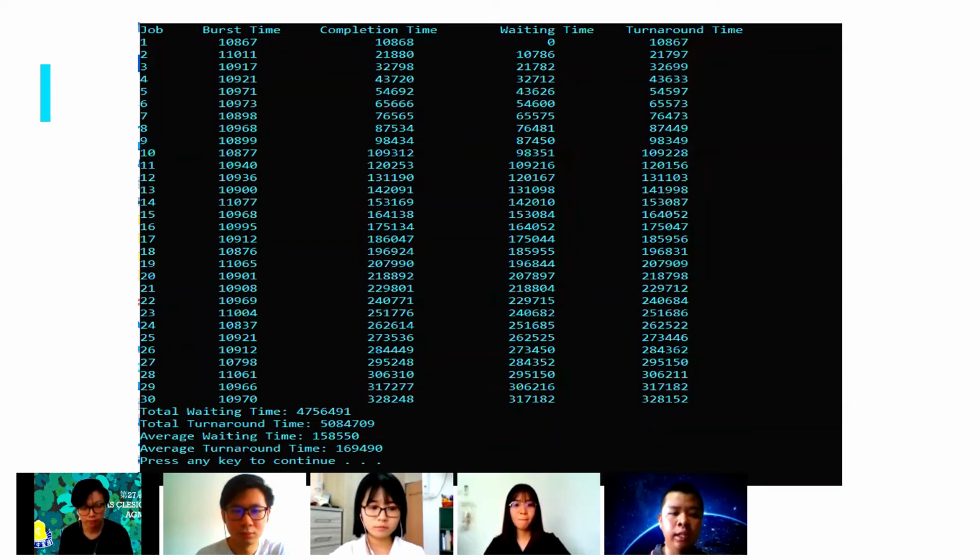Based on the coding that we have done, it is discovered that the average waiting time for the first come first serve algorithm is about 158,000, and 169,000 for the average turnaround time.